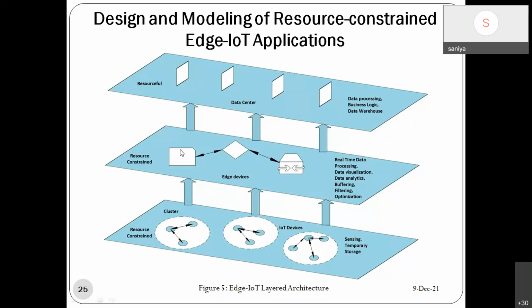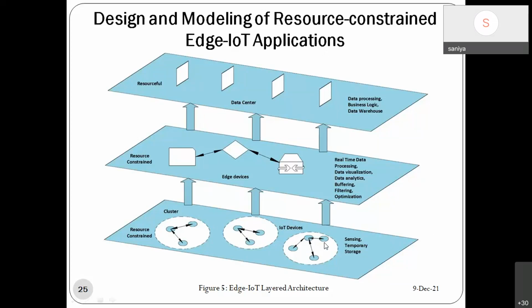I have taken this Edge IoT application. You can simply say it is an IoT application where you have three layers. At the bottom, you can have IoT devices. I have formed some clusters here. The IoT devices are resource constrained. There are limitations: storage is limited, processing is limited, energy is limited.